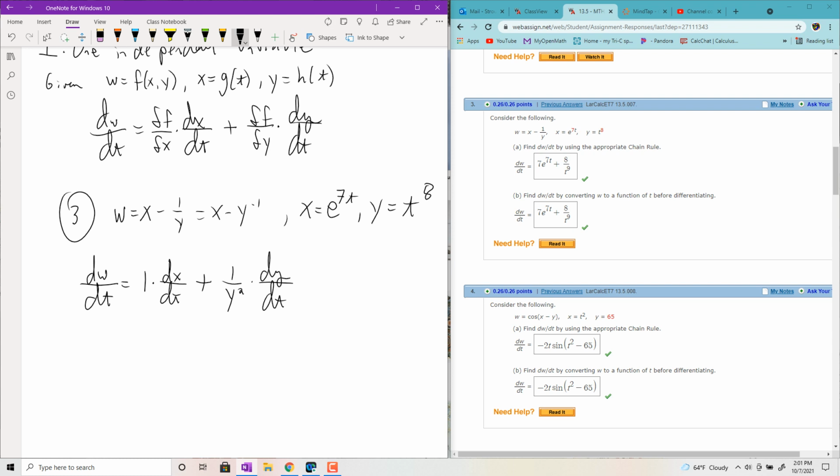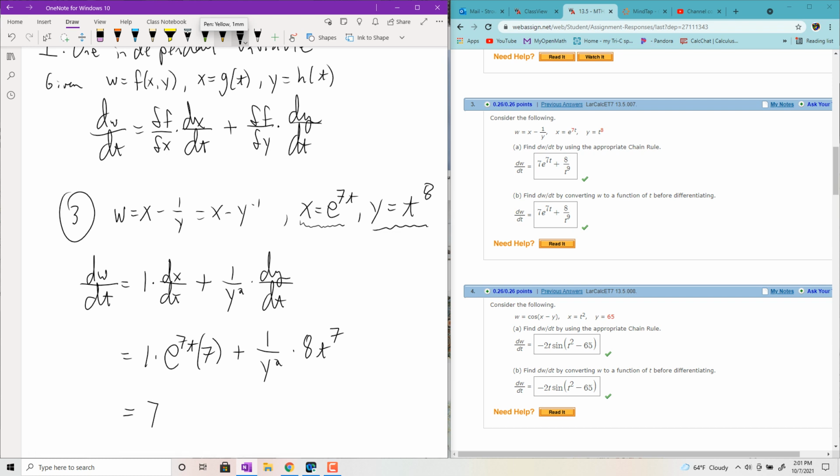So we have 1 times the derivative of x with respect to t. I take the derivative of this with respect to t, so I get e to the 7t times 7, plus 1 over y squared times the derivative of y with respect to t, which will be 8t to the 7th. We want everything in terms of t at the end of the day, so we substitute to get rid of x and y.